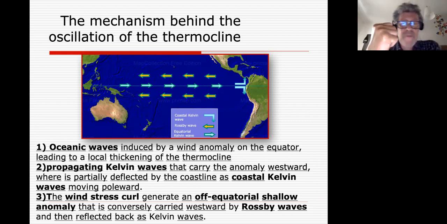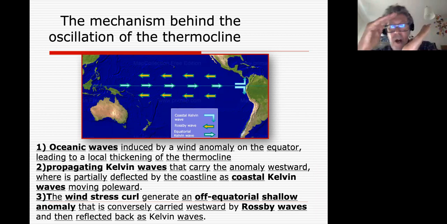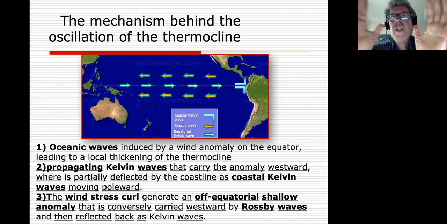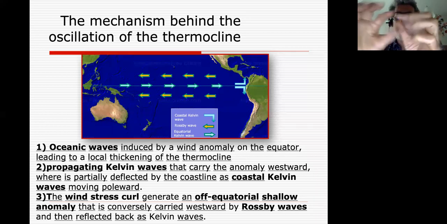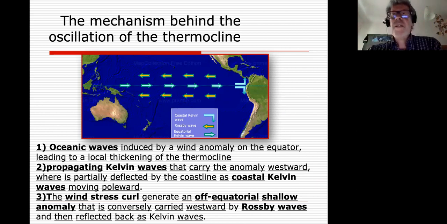The Rossby waves that are generated here are near the equator but off the equator. Because obviously the size of the perturbation cannot be conceived as only at the equator. It has some spatial dimension that obviously includes the equator and its surroundings.